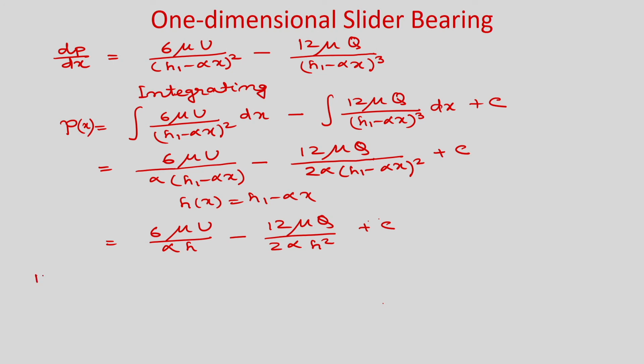You can see that as two sides are open to atmosphere, we have the same pressure at exit and at inlet. So, we can write at x equal to 0 and at x equal to L, p is equal to p0. Now, putting these boundary conditions, let us first find the volumetric flow rate Q, and then we will find the integration constant C.